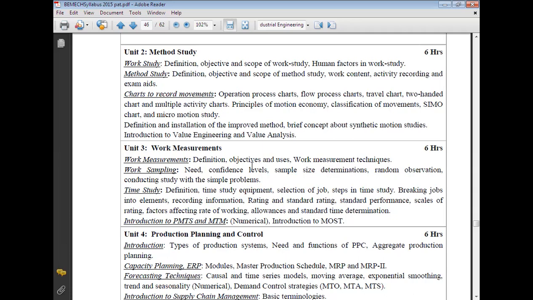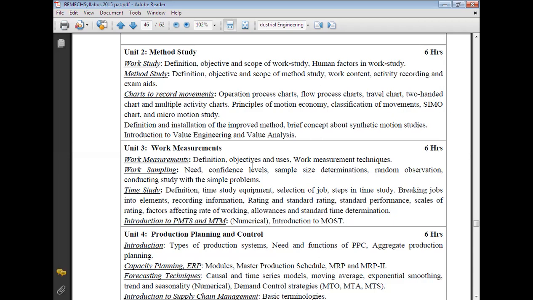In the second part, we will be discussing method study. In the method study, we will see definition of a method study, objective of a method study, and scope of a method study. Then work content, what exactly work content is there in the method study, activity recording in the method study, and exam aids for the method study we will be discussing.